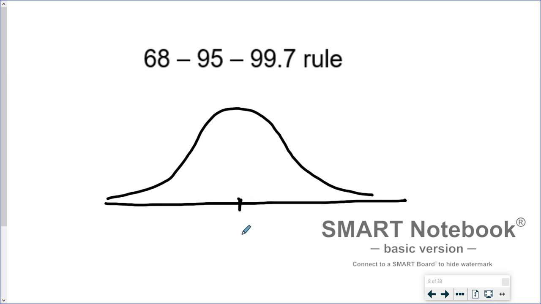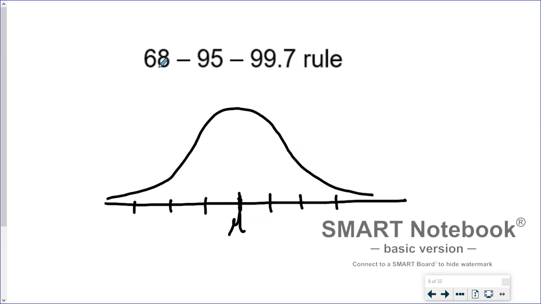So my median would be right here, mean, median, and mode actually. We call that mu for mean quite often. All right, now, regardless of what the shape of your peak is, your standard deviations will still all kind of be spread out the same, right?